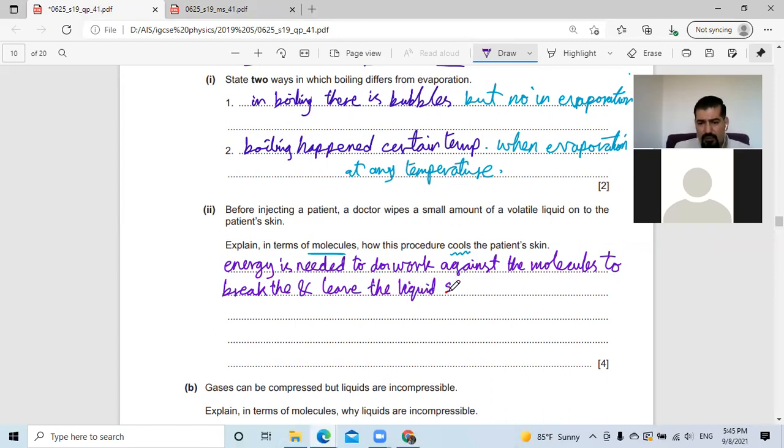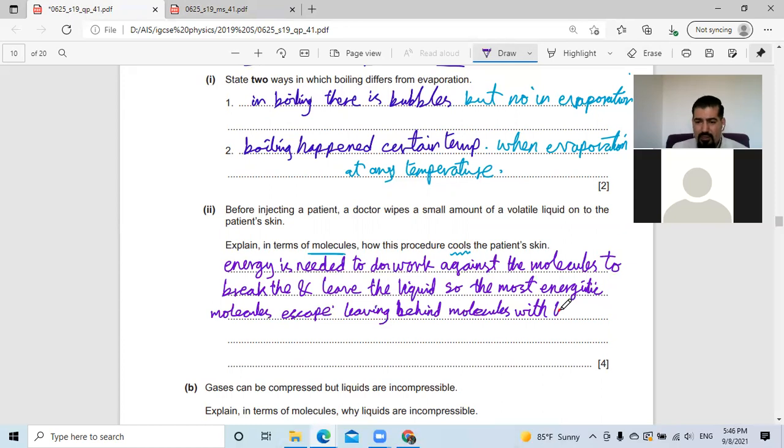So the most energetic molecules leave and escape, leaving behind molecules with lower energy, lower kinetic energy and lower temperature.